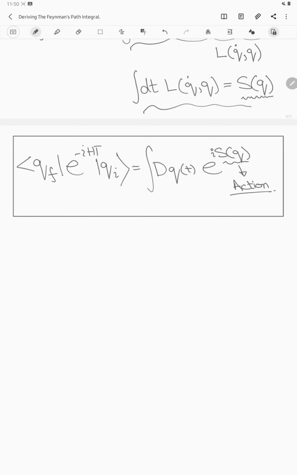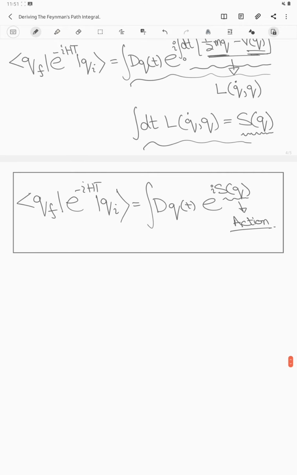Now, this formalism of quantum mechanics is actually a very neat one for not one but a lot of reasons. One of which is that if you use this path integral representation, you can very easily show the classical limit of quantum mechanics, right? And so for this video, we are done.